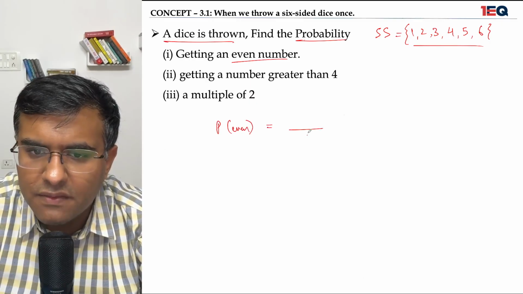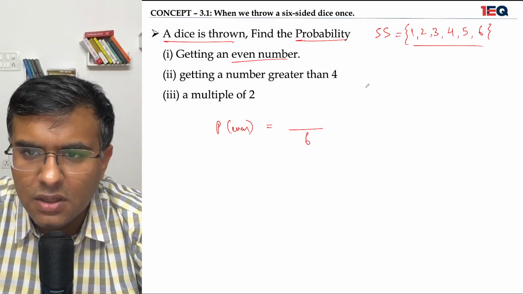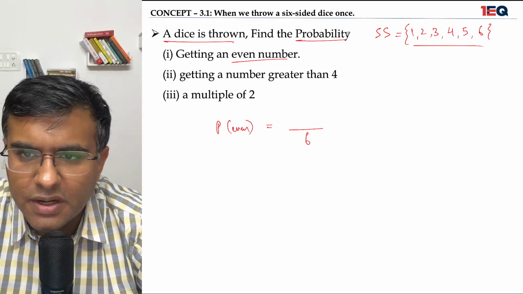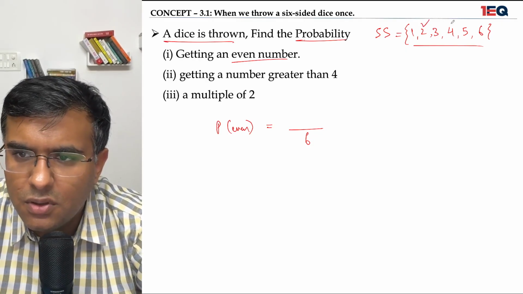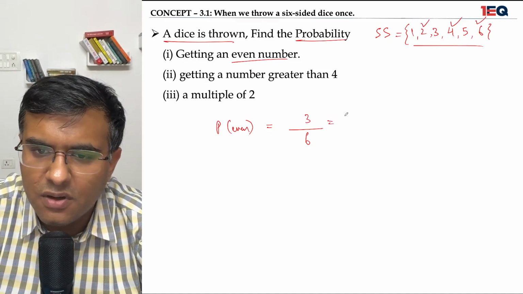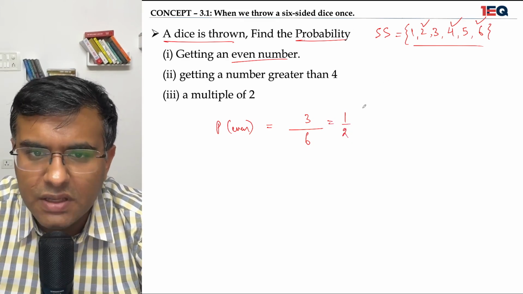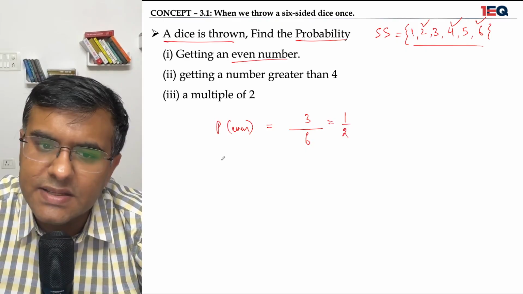First of all, I would have the sample space. The size of the sample space is 6, so 6 would be in the denominator. What about the numerator? Even number. There are 3 even numbers, 2, 4 and 6. So my answer would be 3 by 6 or 1 by 2. There is a half probability of receiving an even number when you throw one dice.